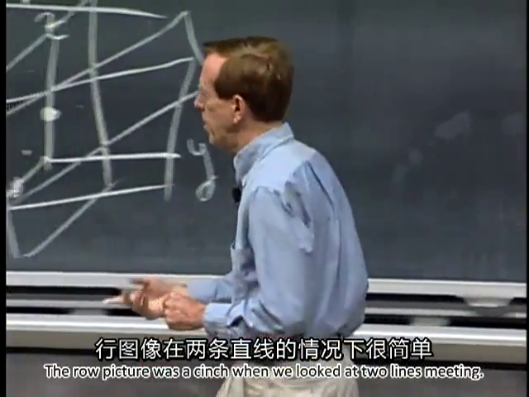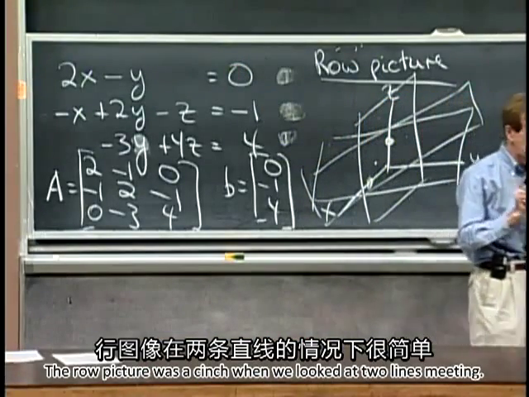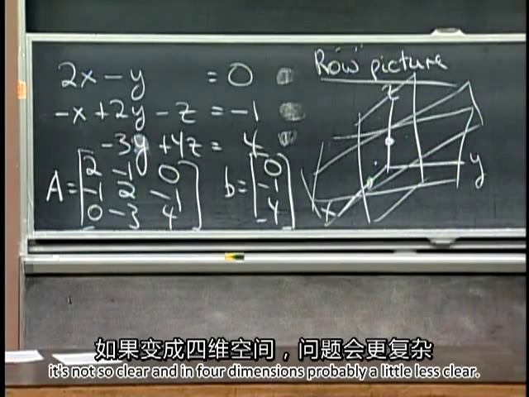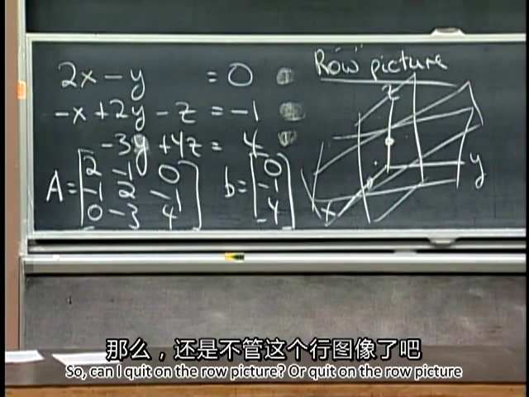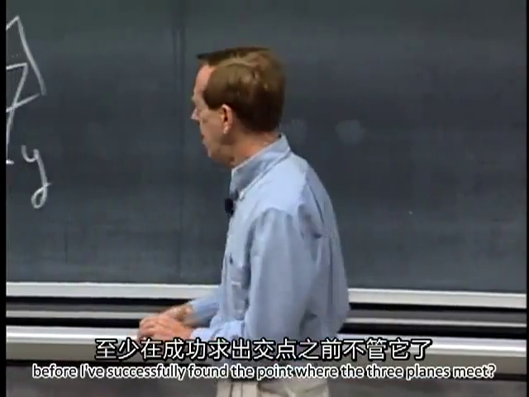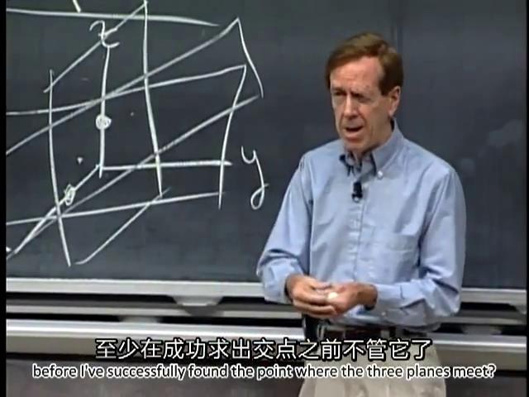The row picture was a cinch when we looked at two lines meeting. When we look at 3 planes meeting, it's not so clear, and in 4 dimensions, probably a little less clear. So, can I quit on the row picture? I'll quit on the row picture before I've successfully found the point where the 3 planes meet.